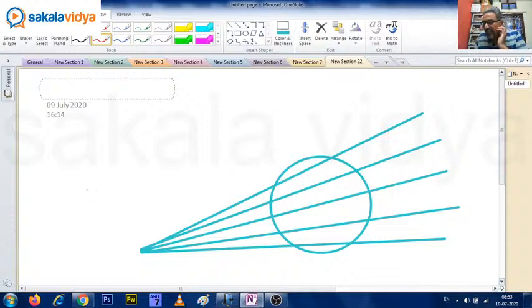Okay. I ask you one question. How many secant lines can be drawn to a circle from an external point? Suppose this point is P, P x1 comma y1. How many secant lines can be drawn?